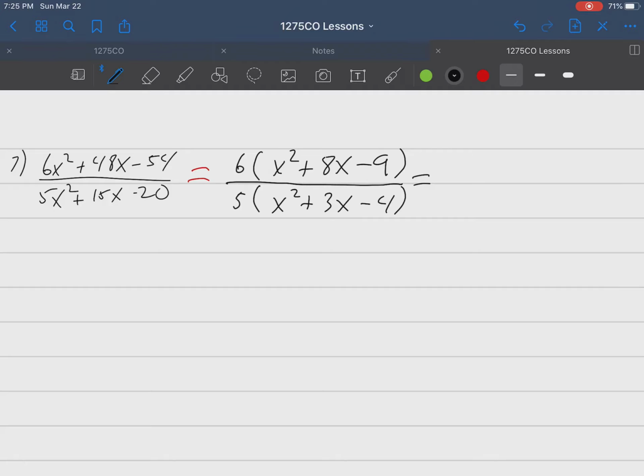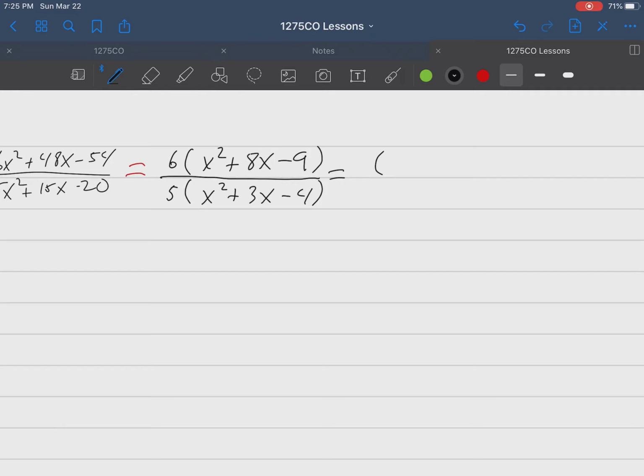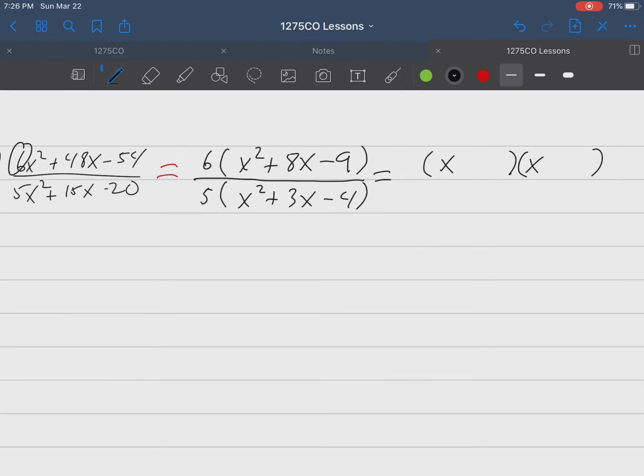But there is some AC method factoring to be done. And thankfully, factoring out this a equals 6 turned this into a simpler quadratic. x plus 9 and x minus 1 is going to work because 9 times negative 1 multiplies to negative 9, and adds up to a positive 8.